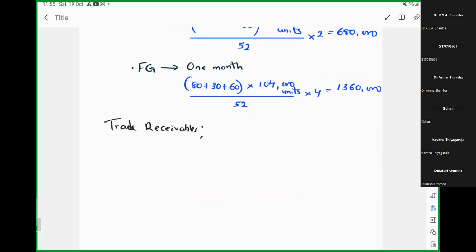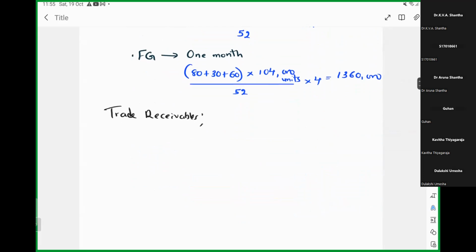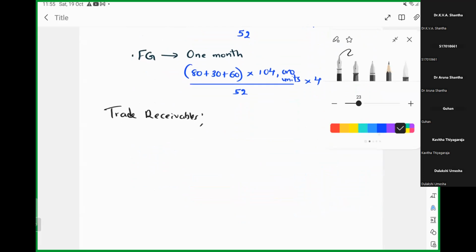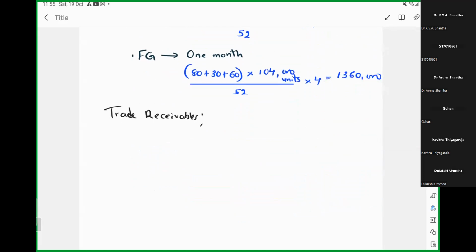Then below you see 1/4 of the output is sold for cash. Our total output is 104,000 units. 1/4 is sold for cash. That means the balance is sold on credit.